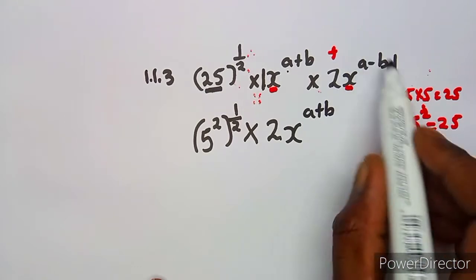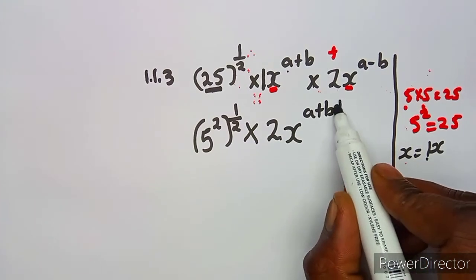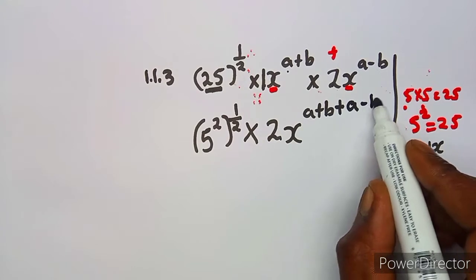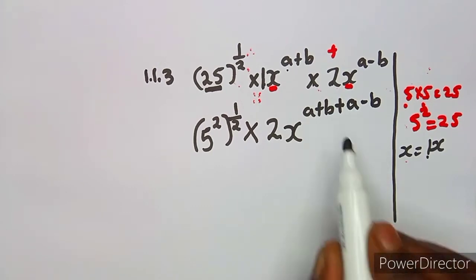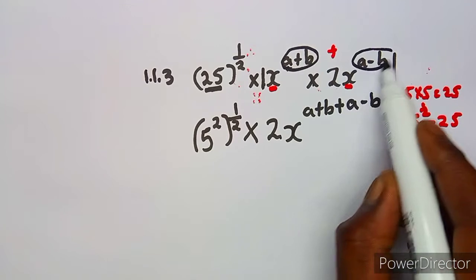Then we add, and take note that when you add, it doesn't affect any sign, so you can just add directly, or you can open a bracket, it's one and the same. So you have added the exponents, this part and this part together.